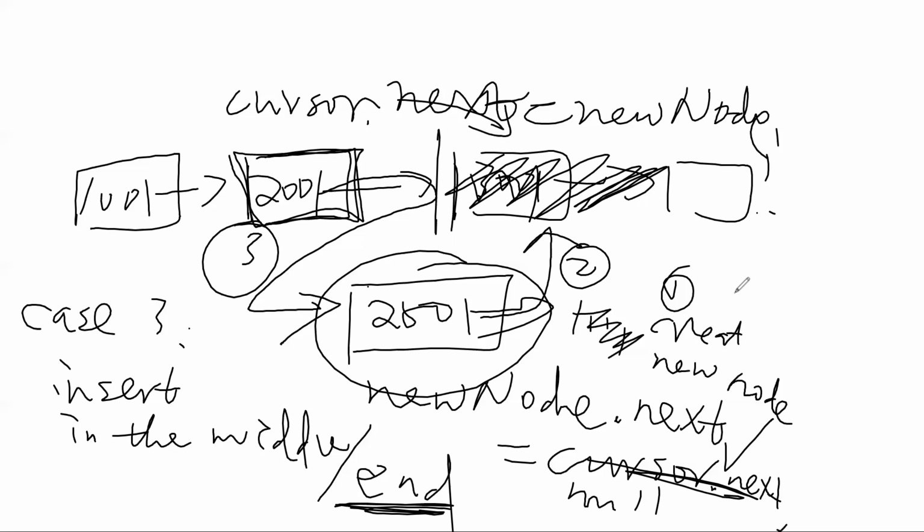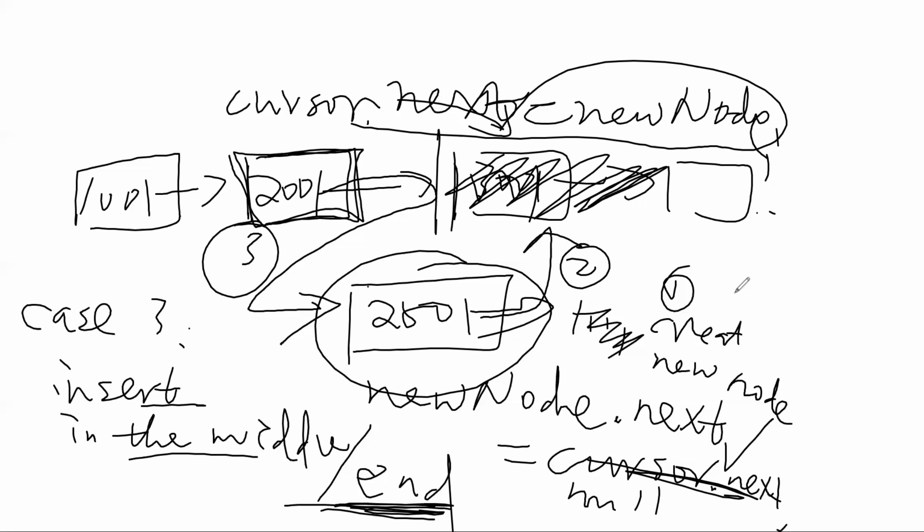And then cursor's next points to the new node. So the code itself will apply to both cases, insert in the middle and insert at the very end. Okay, so that's all the general concept.